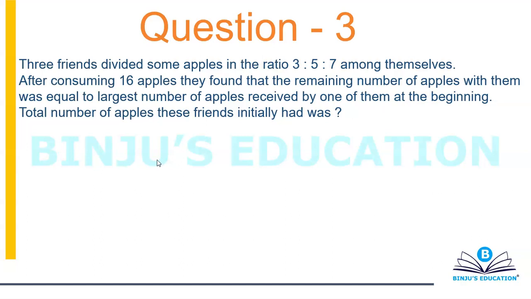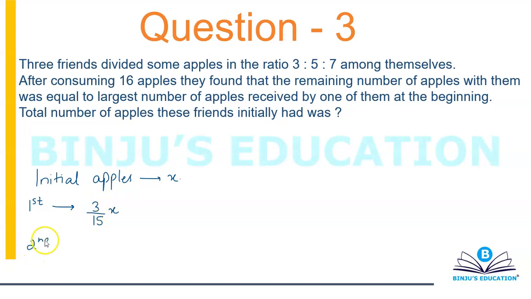We can do one thing. Let's consider the initial number of apples to be x. So the first person is going to have 3 by 15 of x.